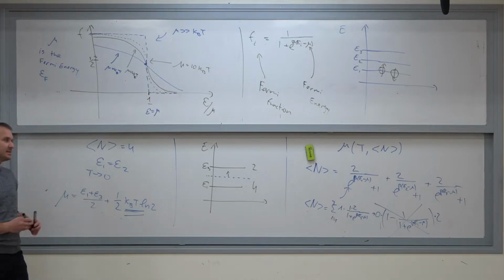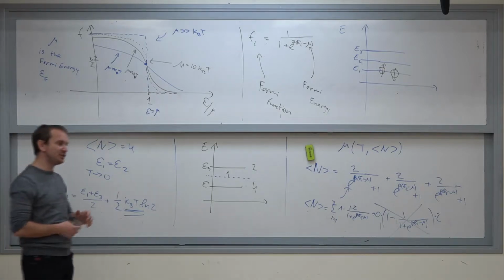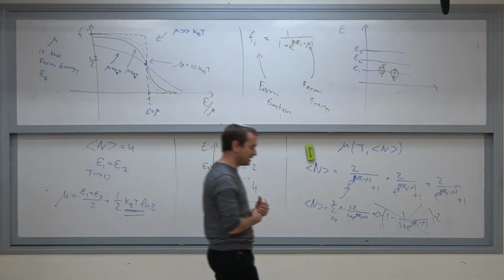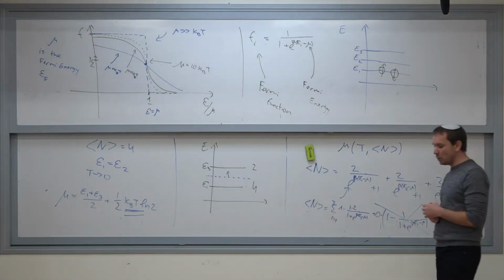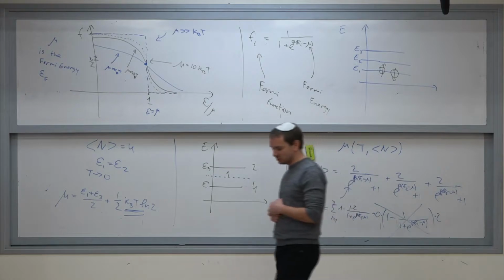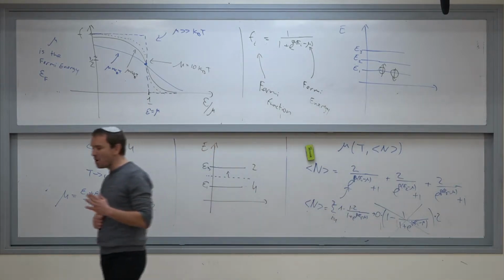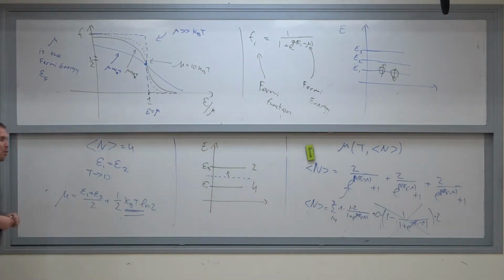And this is basically a pretty general feature of the Fermi energy. It is always shifting away from the more degenerate levels.